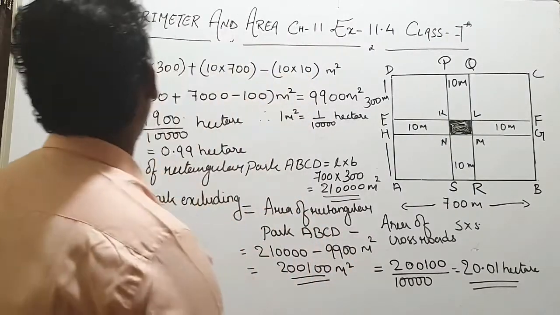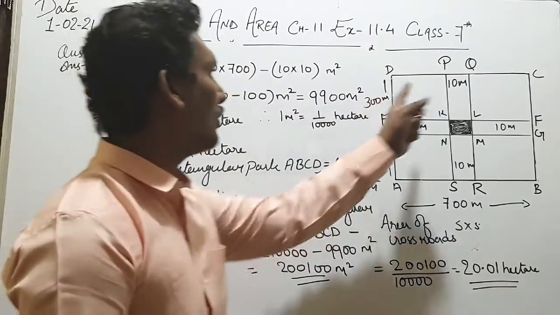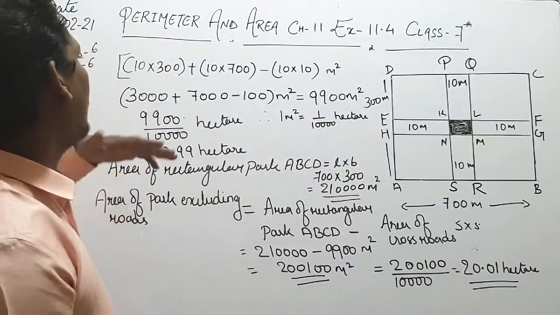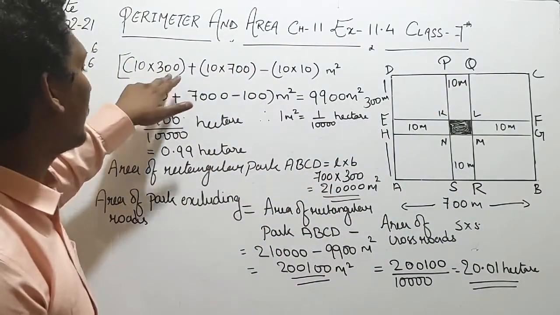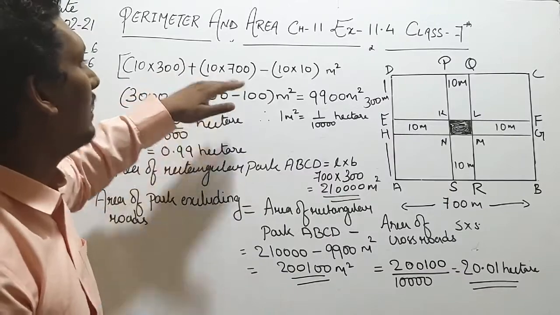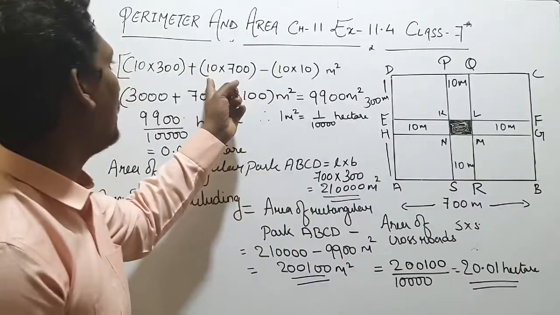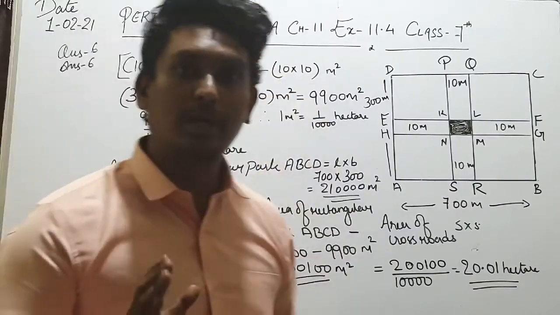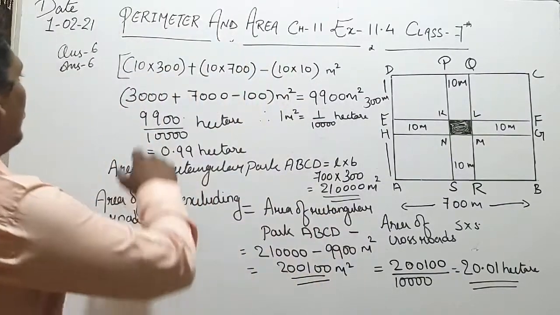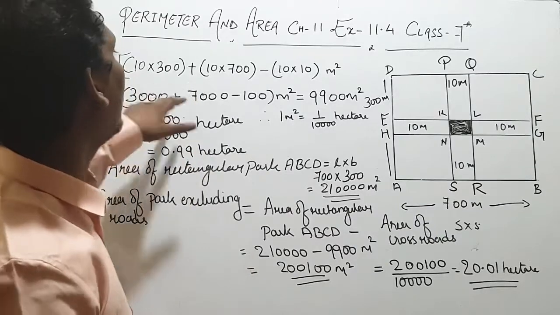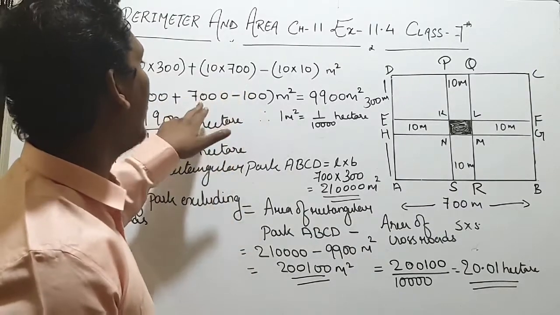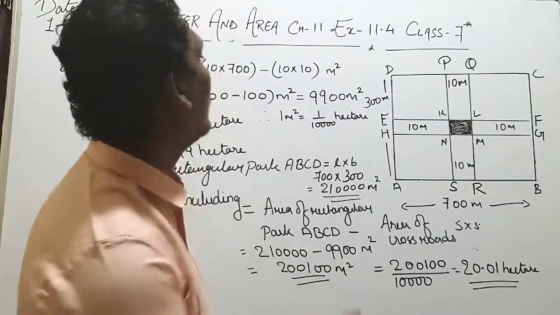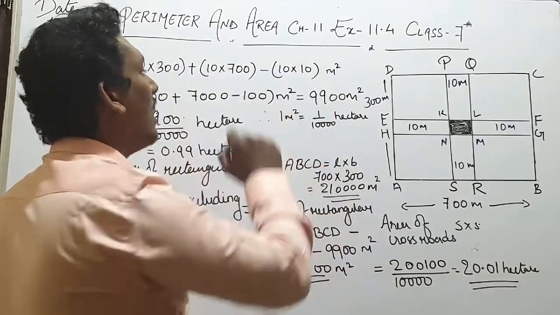Now we have to find the area of PQRS, that is length into breadth, 10 into 300. Same way for EFGH, that is 10 into 700, and we have to subtract the area of the square, that is 10 into 10. Now 10 into 300 is 3000 plus 700 into 10 is 7000 minus 10 into 10, that is 100.